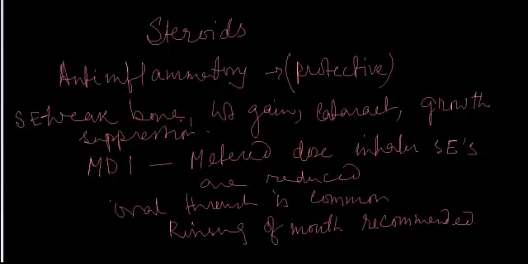But now we have the metered dose inhaler, and the side effects are reduced, because in a metered dose inhaler you have the doses at microgram levels, whereas in tablets and conventional dosage forms the doses are at milligram levels. Yet oral thrush, a fungal infection, is common in asthma, and rinsing the mouth after each puff is recommended.